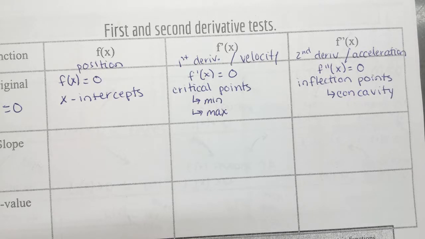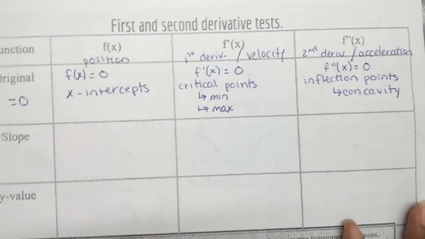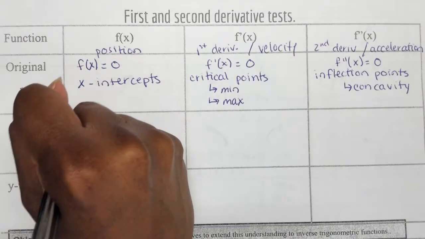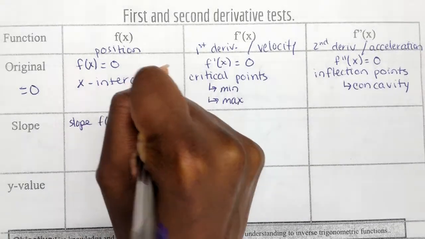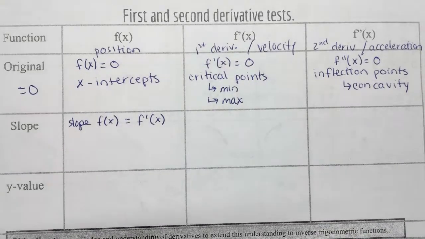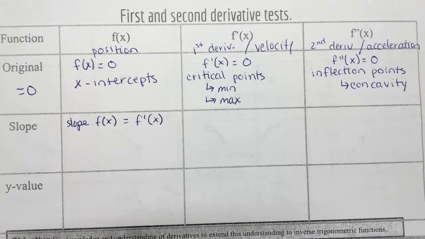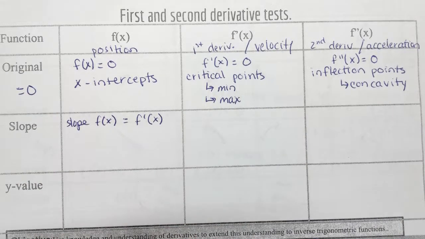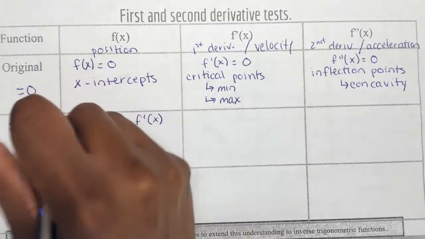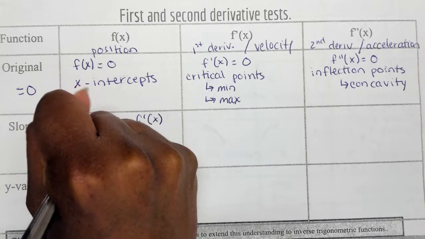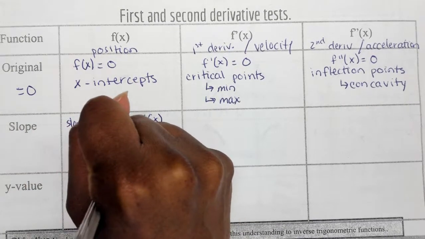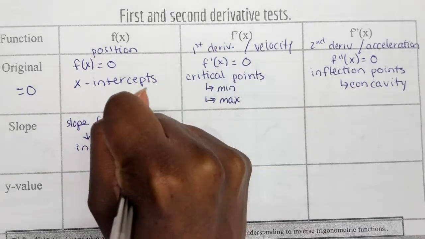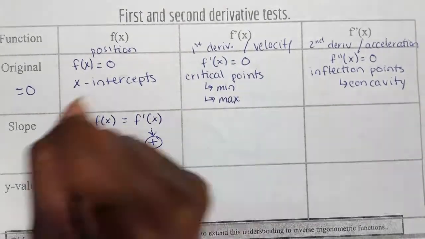Right. So slopes. Right, the slope of f of x is equal to the derivative of f of x. Right? So if the slope is increasing, then the derivative is positive.